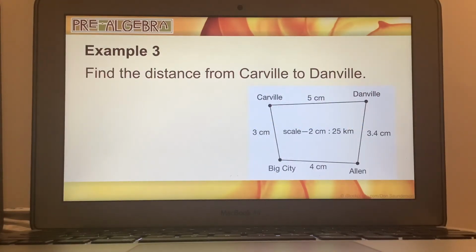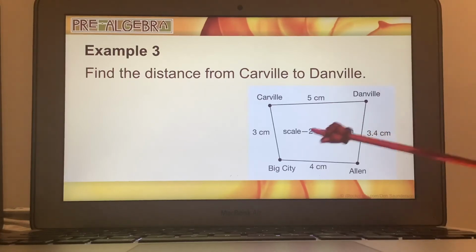Now here is an example with an actual map so that you can actually see what we're talking about here. Find the distance between Carville and Danville. Here's Carville and here's Danville. Now, in our scale drawing, Carville to Danville, you could say that's 5 centimeters.